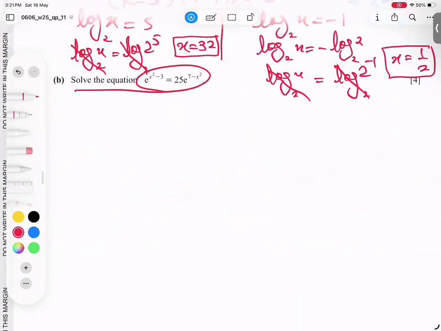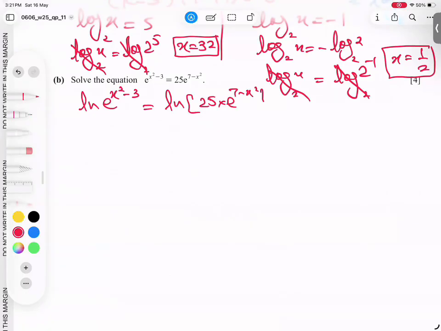So how to solve this equation? Whenever x goes in a power, we take the logarithm. So we take the logarithm on the left side and right side, one by one. So this power will go down by the log property: x to the power 2 minus 3 into log of e.